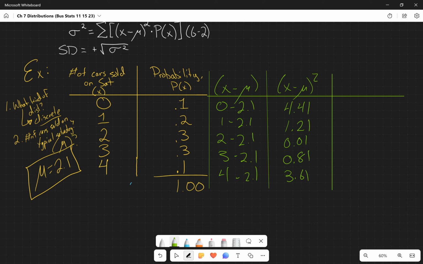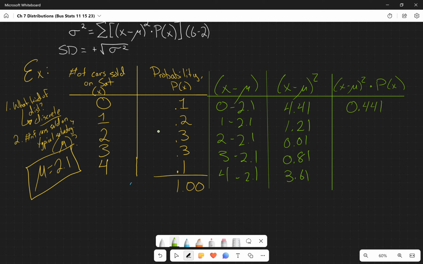So now we have to take these values and multiply them by the probability. So we multiply 4.41 times 0.1, we get 0.441.